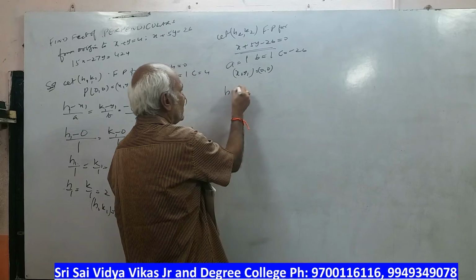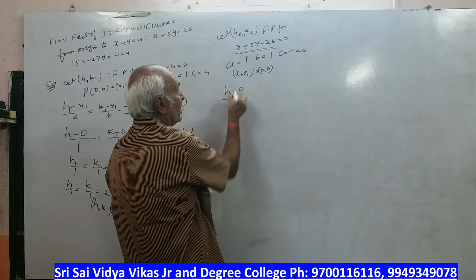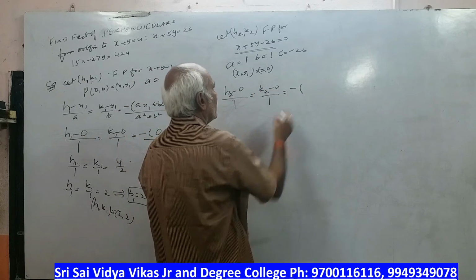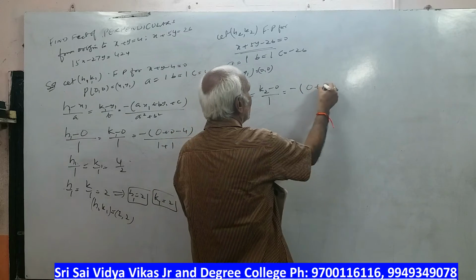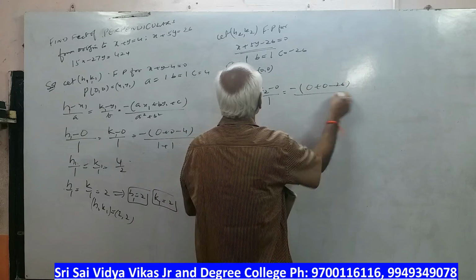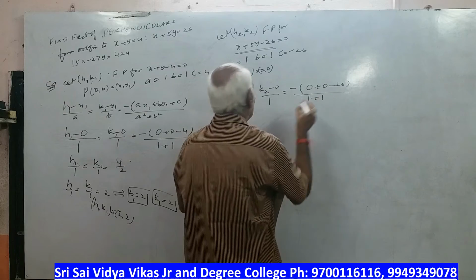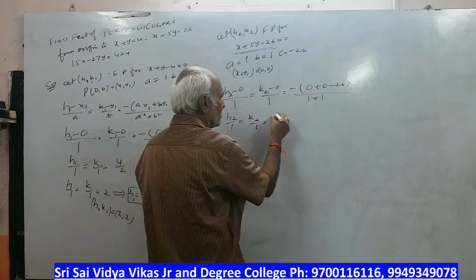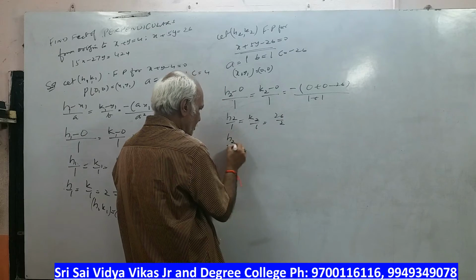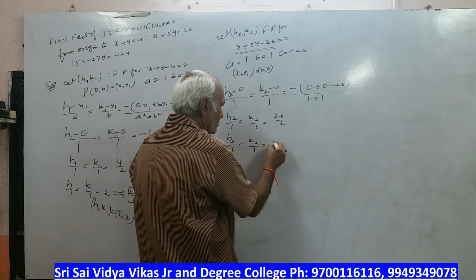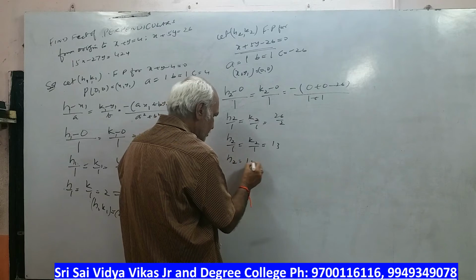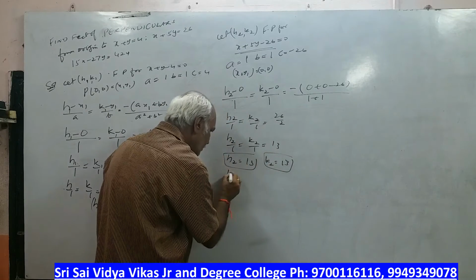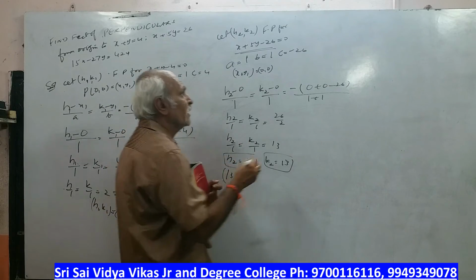Now h2 minus 0 by 1, k2 minus 0 by 1 is equal to minus of (0 plus 0 minus 26) by (a square plus b square, 1 plus 1). So h2 by 1, k2 by 1 is equal to 26 by 2, which is 13. So h2 is 13, k2 is equal to 13. So what is the second point? 13 comma 13.